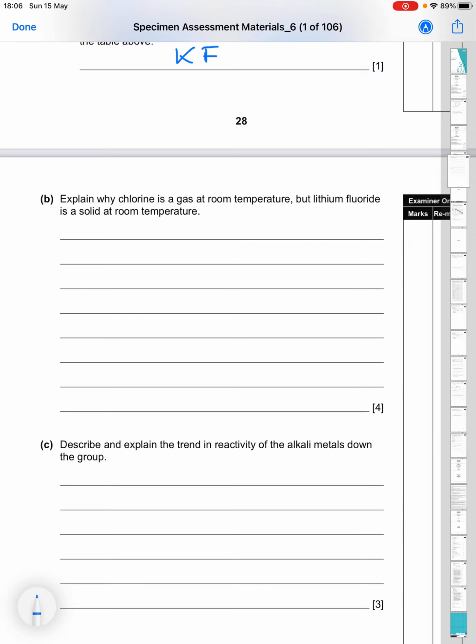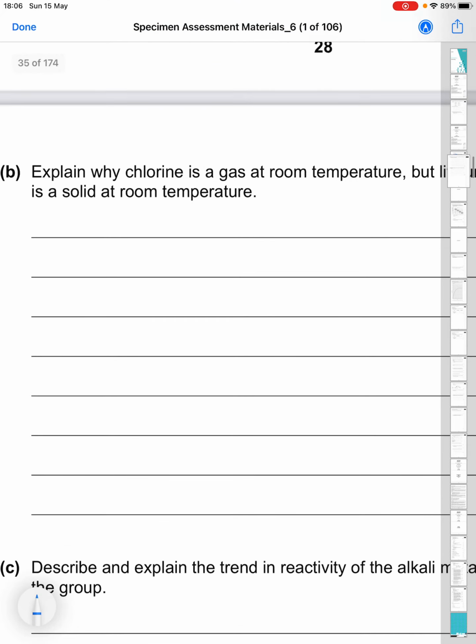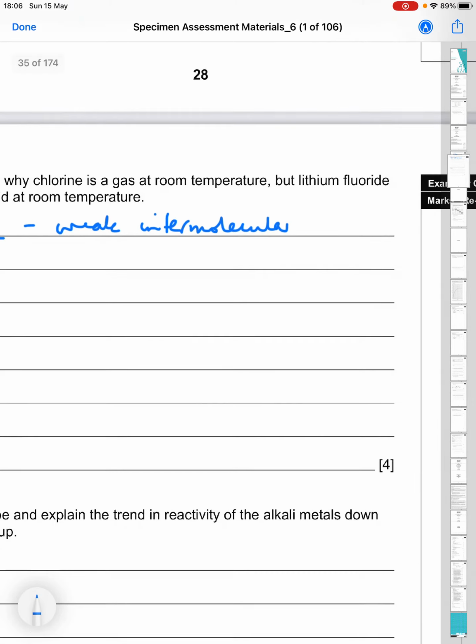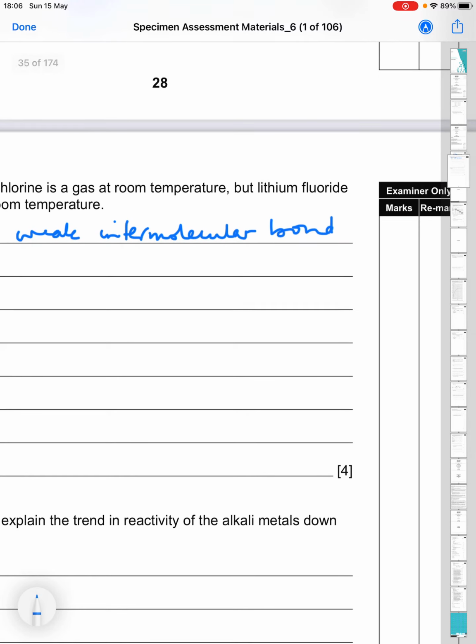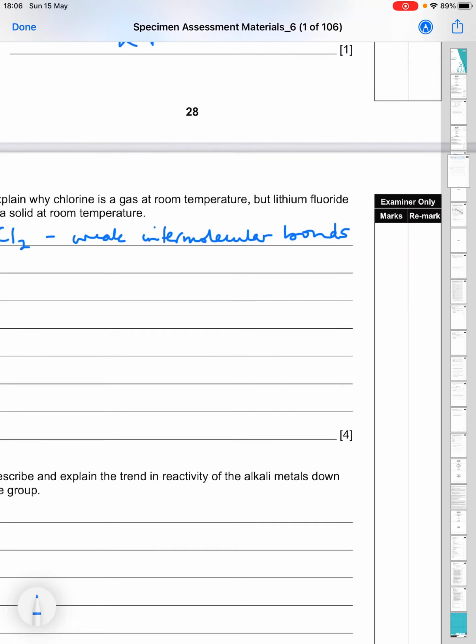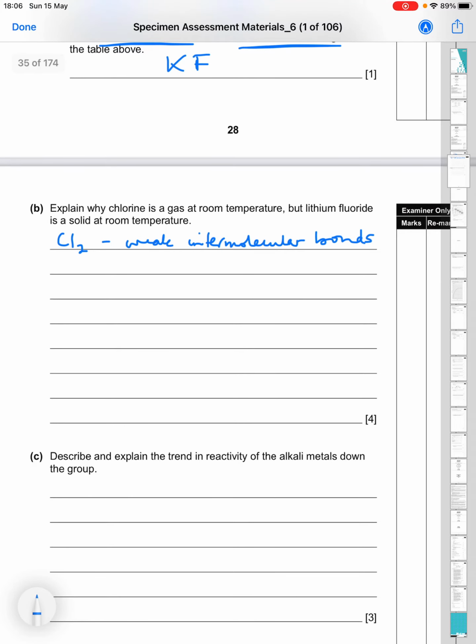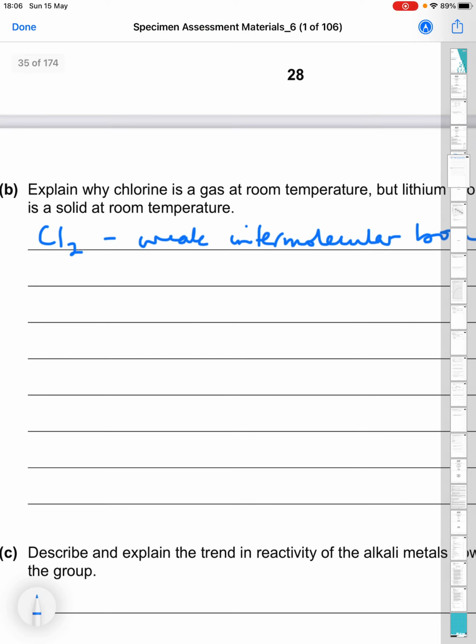Now, next we're looking at quite a long question about bonding. It says explain why chlorine is a gas at room temperature but lithium fluoride is a solid at room temperature. So what we need to be saying here is talking about chlorine first. So chlorine has weak intermolecular bonds. And those are the only bonds that exist.